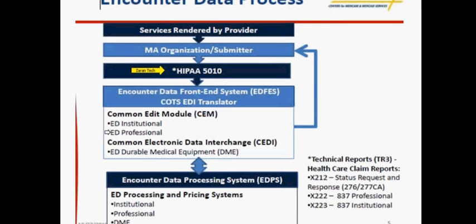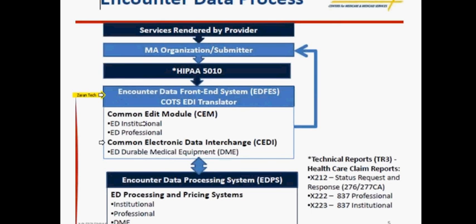They would be submitting to the CMS. CMS has a commercial off-the-shelf, COTS, software called EDFES. It's just the name of the software they are implementing. It is this software that receives the HIPAA 5010 transactions. Currently it is 4010 and next year it will be 5010.